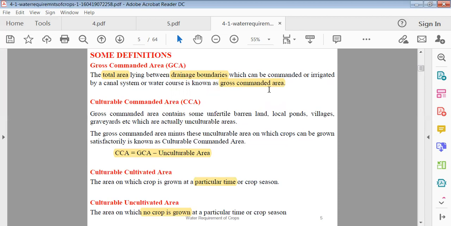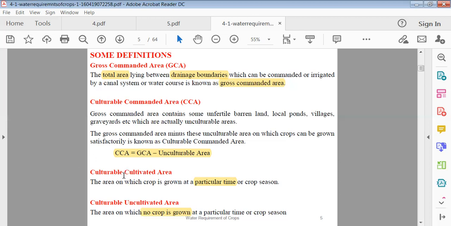Culturable command area: usually in this gross command area there are certain unfertile barren lands, local ponds, villages, graveyards, etc., which are unculturable. So we have to deduct that. Culturable command area is the gross command area minus the unculturable area.